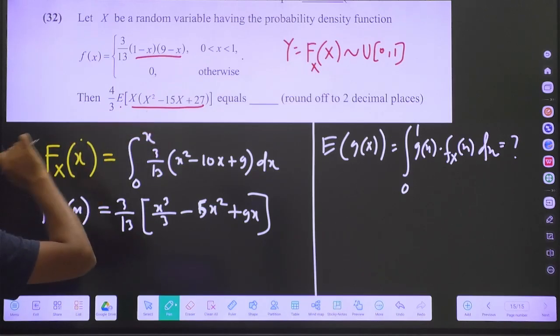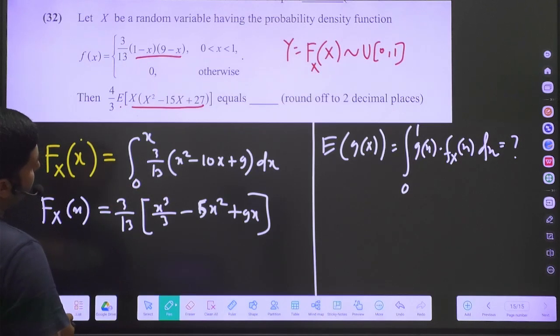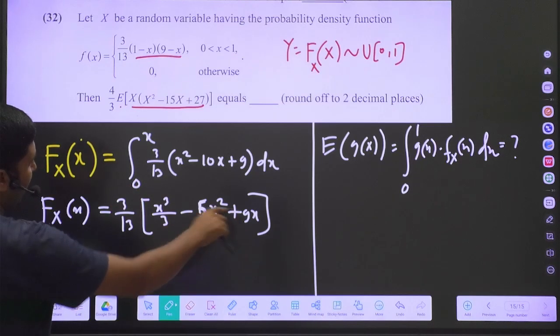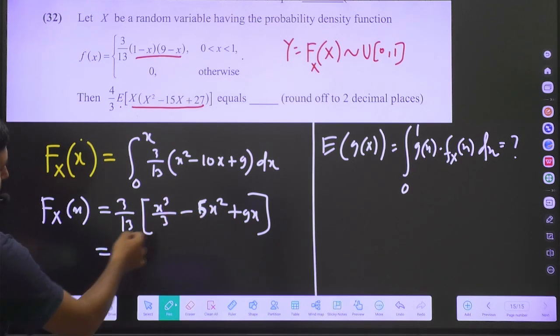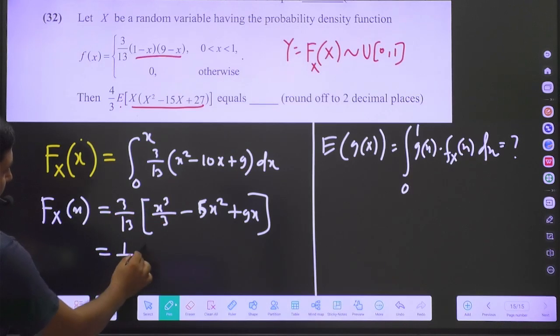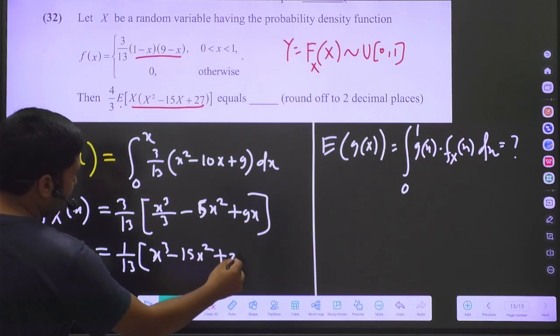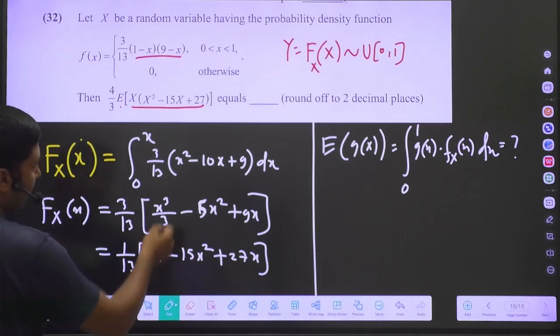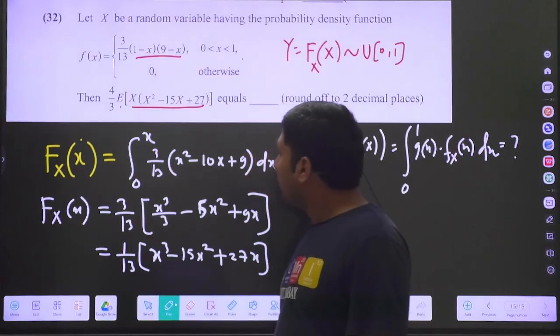So can you fix that? This is x cube minus 15x square plus 27x. If you multiply by 3, so divide by 3, this 3 you multiply inside, it will be x cube minus 15x square plus 27x. And this is exactly the same as what is here.